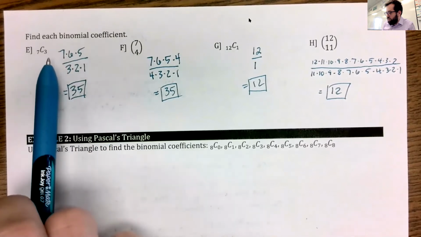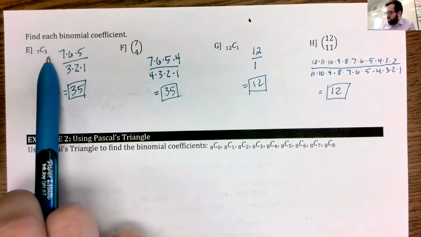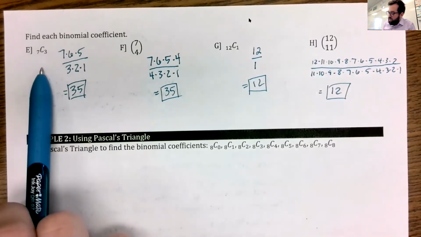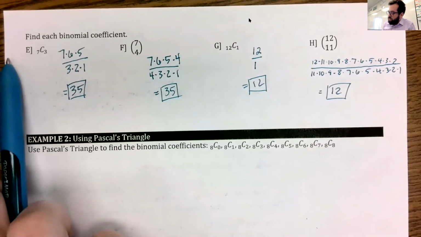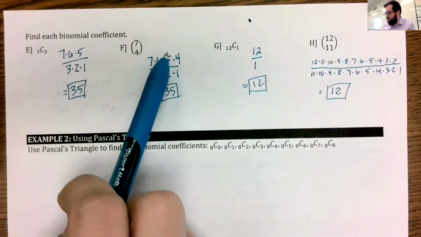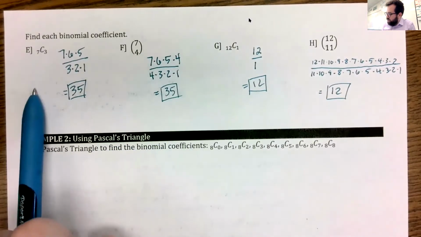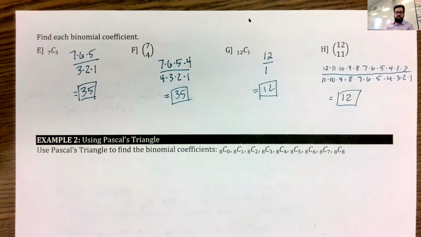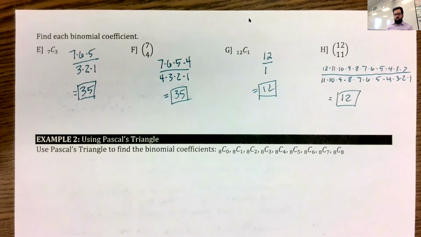Let me make sure I'm saying this correctly. 7 choose 3 is the same as 7 choose 4. 7 choose 2 is going to be the same thing as 7 choose 5. 7 choose 1 is going to be the same thing as 7 choose 6. And 7 choose 0 is going to be the same as 7 choose 7. So there's like a pattern of symmetry going on, which also plays into Pascal's triangle, which we're going to look at now.